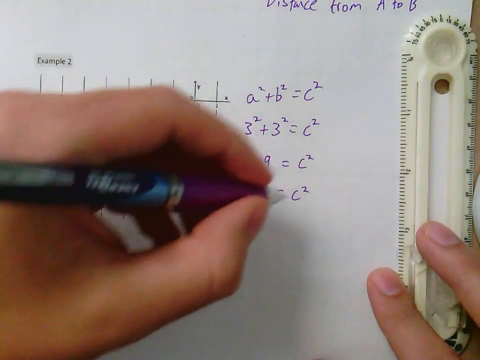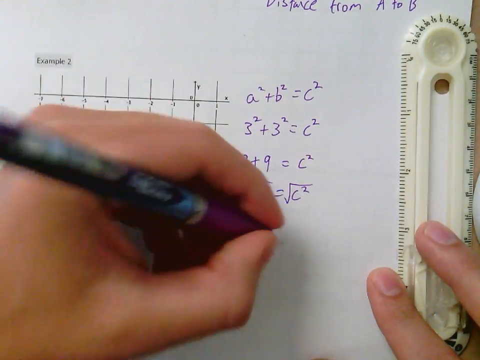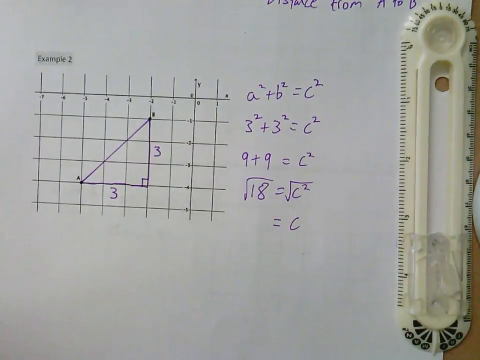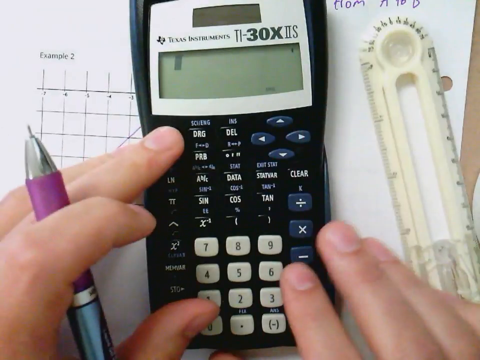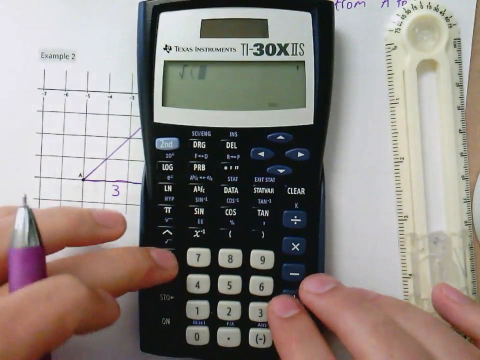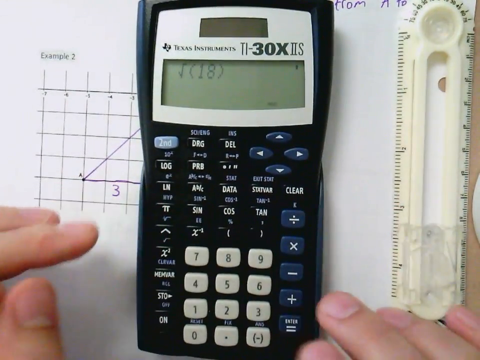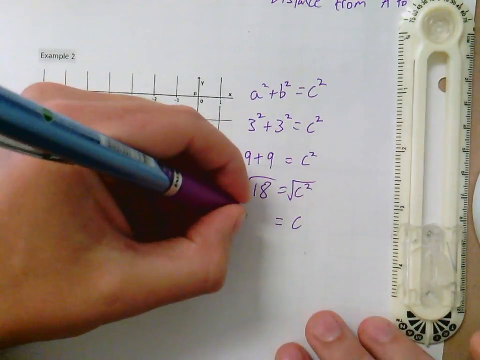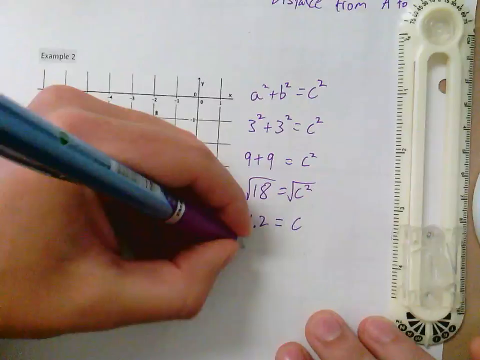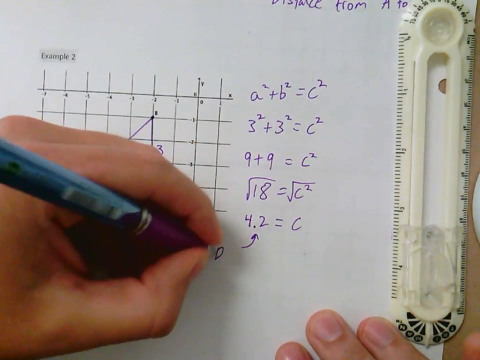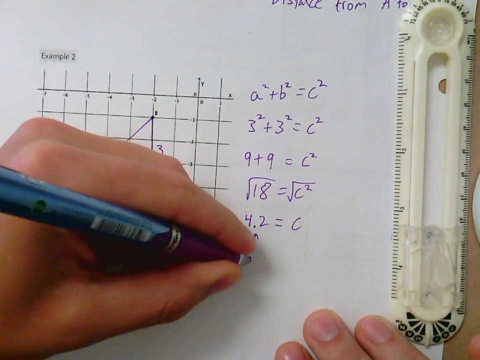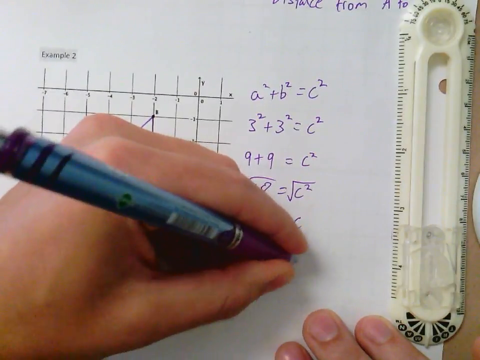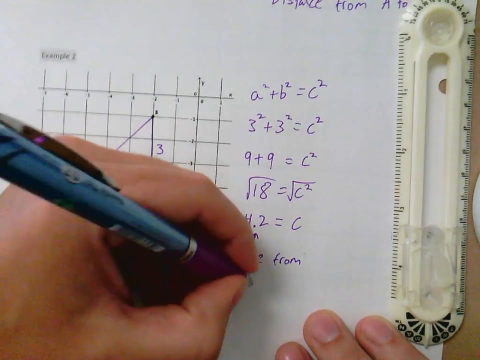Last step, take the square root of both sides. c equals, let's see here, square root of 18 rounded to the nearest tenth would be 4.2. And again, that 4.2, that's the distance from A to B.